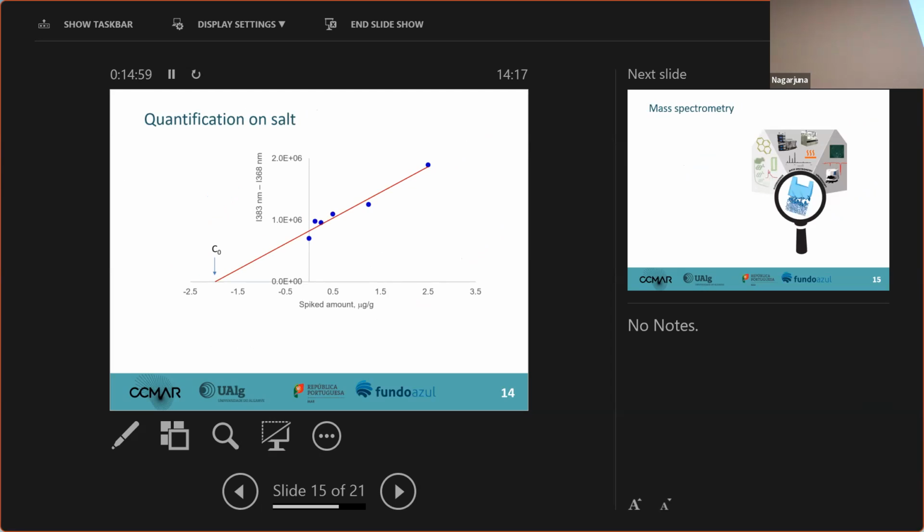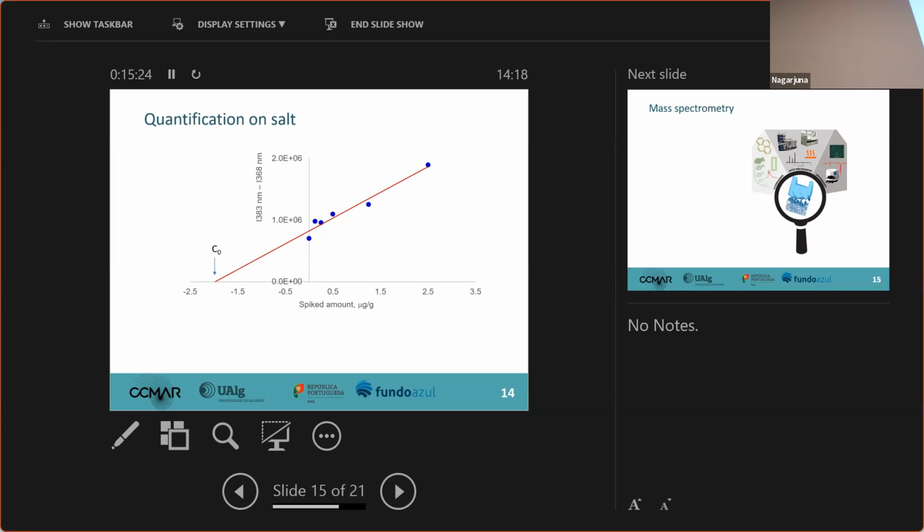And then the intersect here gives you the concentration in your sample. So that was obtained using a standard addition method. And then, as you can see here, the concentration in this case of polystyrene is about 2 micrograms per gram, which is 2 ppm, basically.